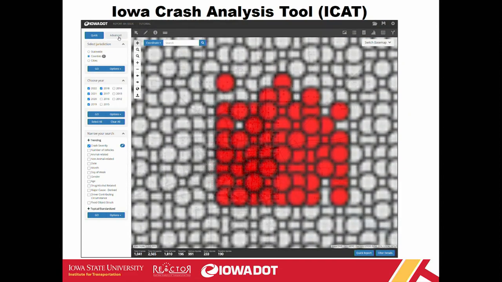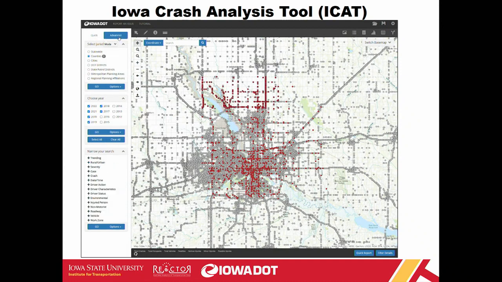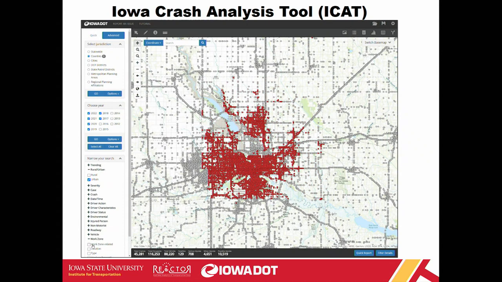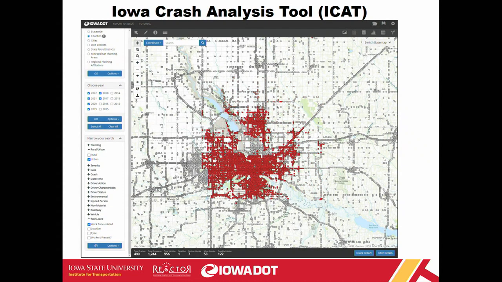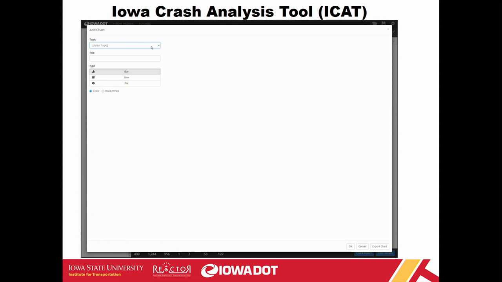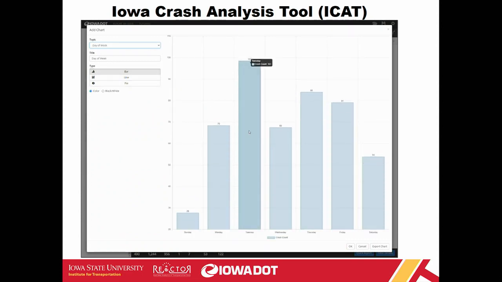There's a lot of analytics that you can do: querying, seeing where the crashes are, and a lot of these crash characteristics on the left side that you can filter on. At the end here, I'll show some very basic charting functionality that currently exists within ICAT, which at this point is fairly limited, just simple charts showing a single variable at a time.